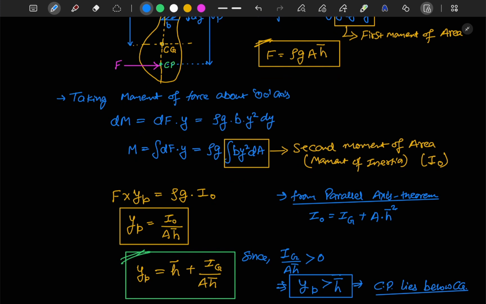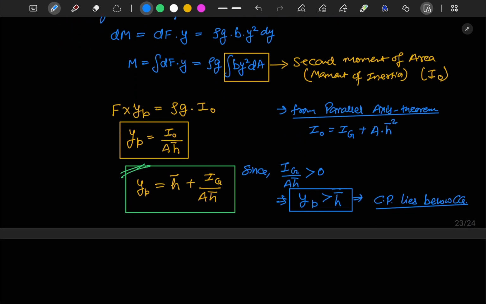But if h bar is at a very large depth inside the water, let's say an infinite distance, the center of pressure will approach the center of gravity point. But they won't coincide, never. The center of pressure will always be below the center of gravity point. I hope you get this.